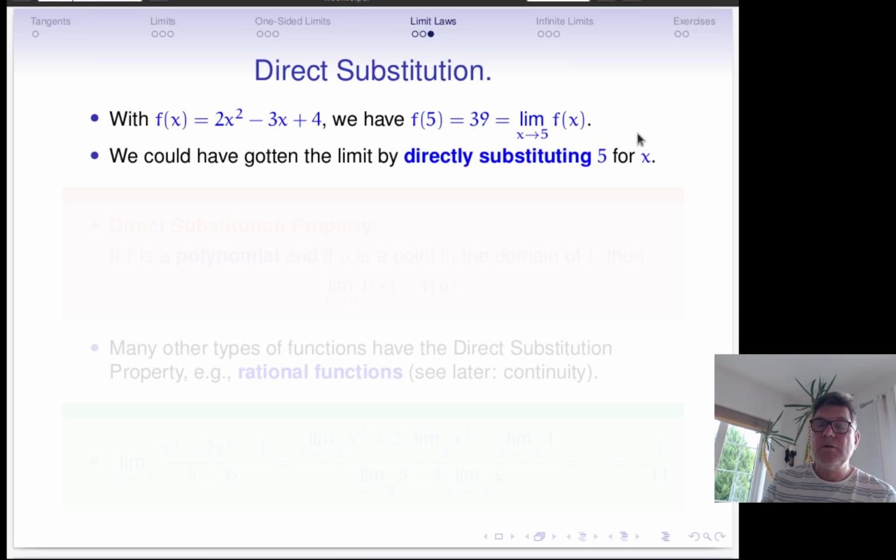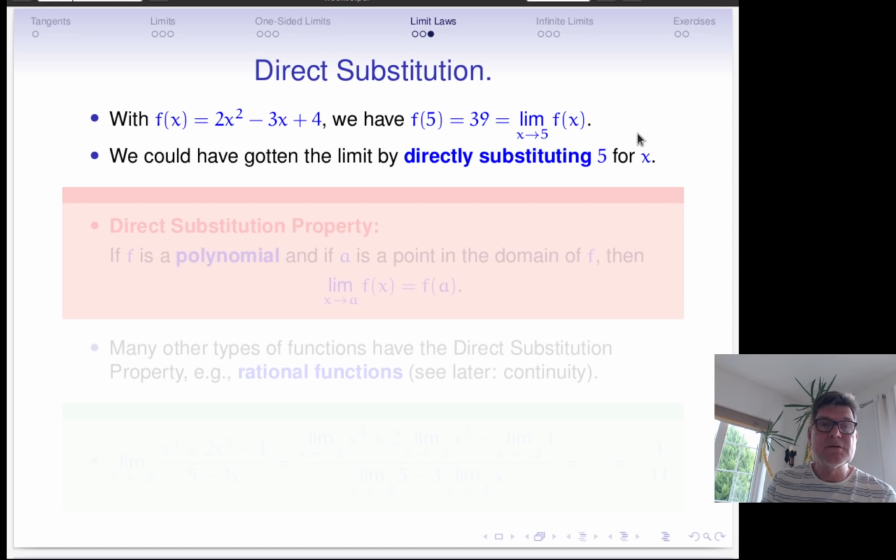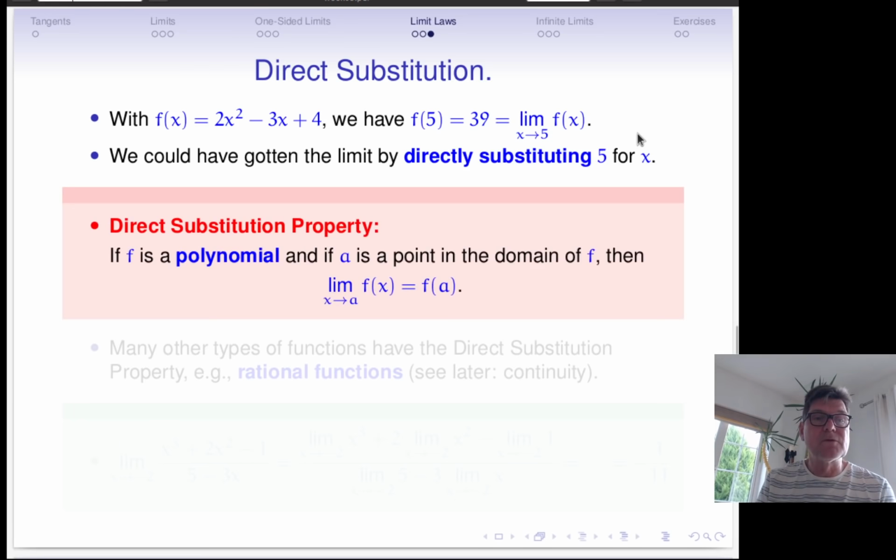This is no accident. This is a frequent phenomenon, and we'll look at this more closely in next week's videos. For now, we call this the direct substitution property, and keep this as a note.